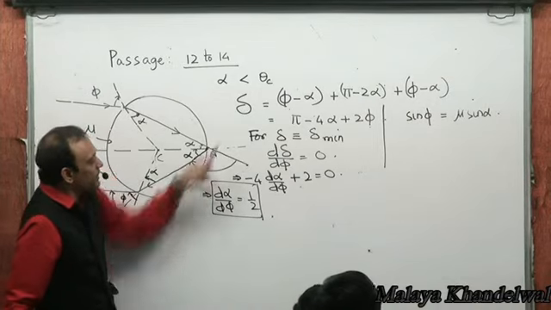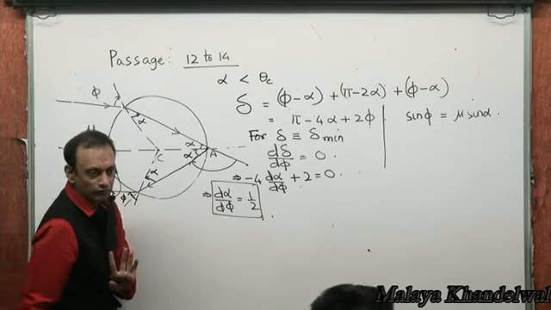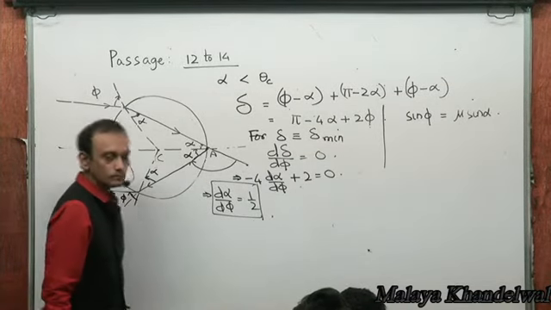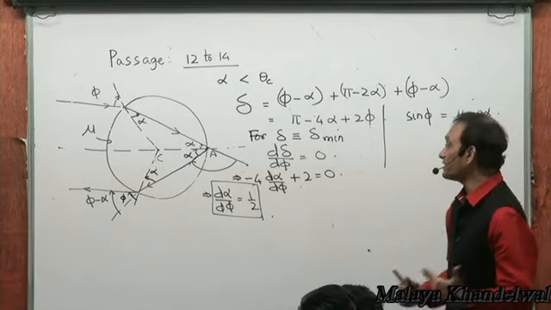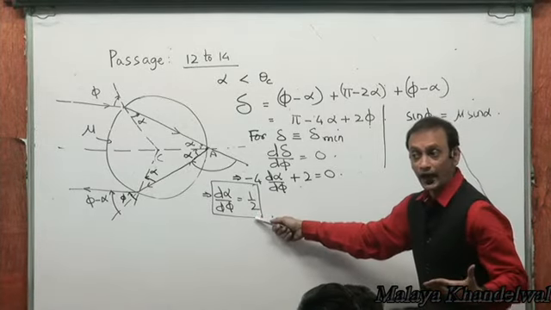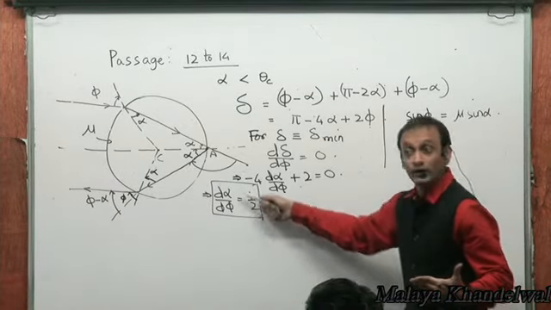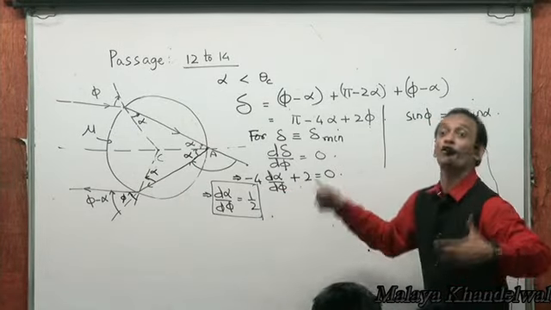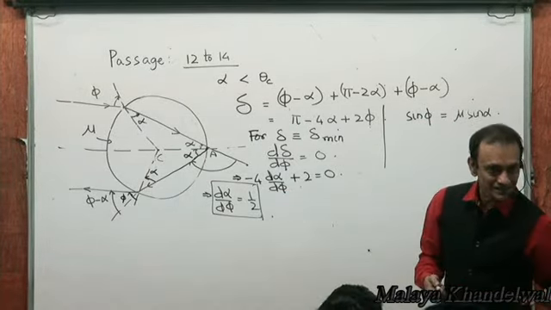For deviation to be minimum, d alpha by d phi must be half. Now I have to eliminate alpha and find phi. Given that d alpha by d phi is half, what should be phi? That's the question, isn't it?